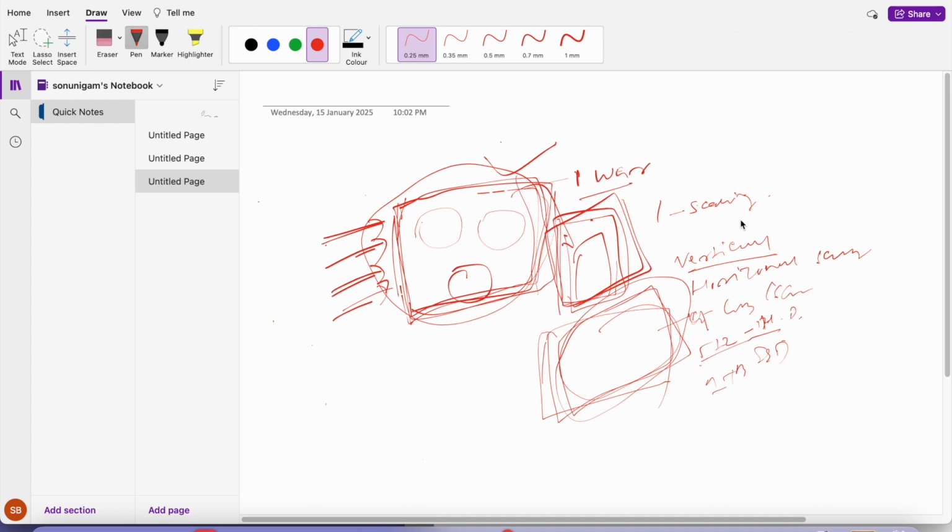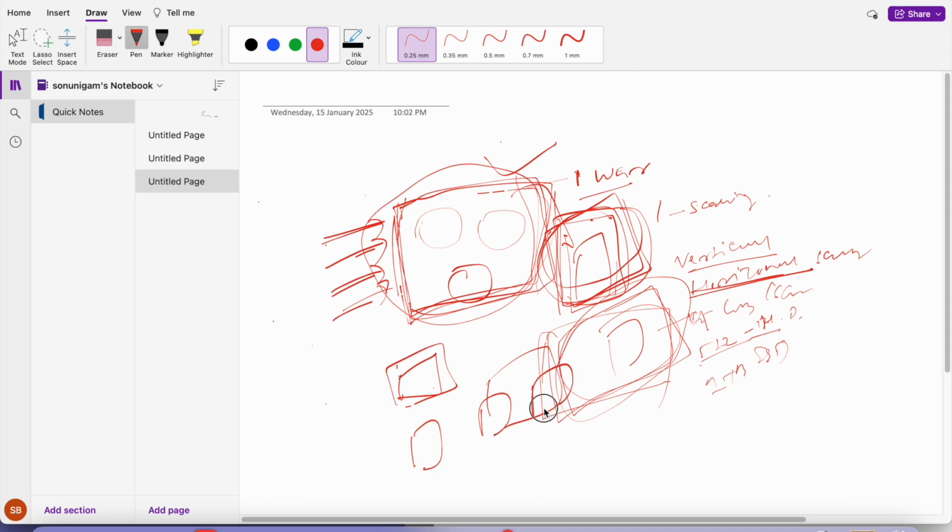The second thing is horizontal scaling. Horizontal scaling means instead of increasing the capacity of the machine, we are adding more machines. Already one server is there; instead of increasing its capacity, we add more servers.